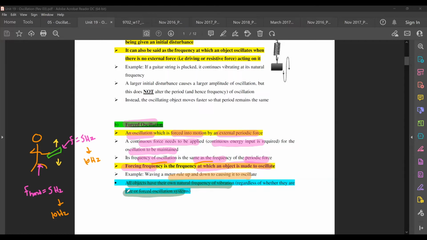Just now I mentioned that for a free oscillation system above, when the thing starts to oscillate, it oscillates at its natural frequency. For forced oscillation, your object also has its own natural frequency, just that it's not readily shown. I think I should add one other statement here.